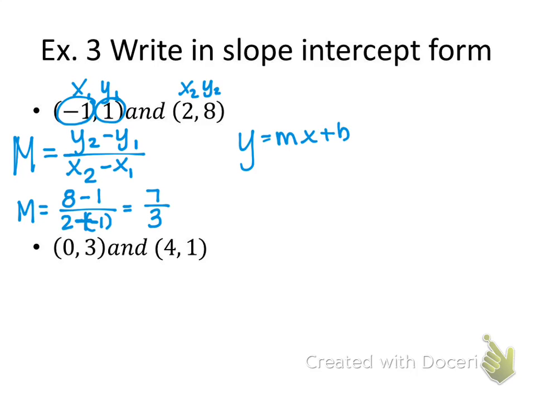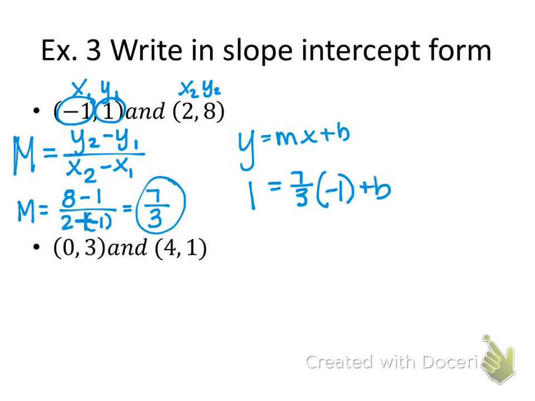And I know an m, which is this right here. So I can go 1, because this is my y, equals 7 over 3 times x, which is negative 1, plus b. Because remember, the 2 things I need to know to write slope-intercept are slope and a y-intercept. Now I know my slope, but I don't know the y-intercept, which is b. So I've got to plug it in. All you got to do is plug this in and solve for b.